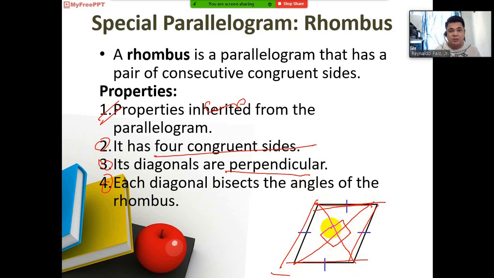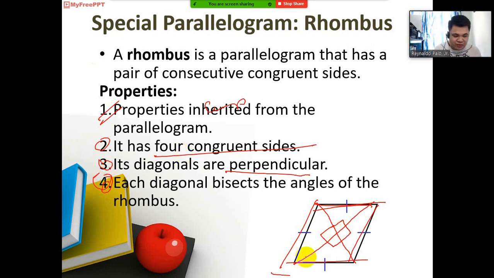Unlike a rectangle and the typical parallelogram, where we can just say the diagonals bisect each other, here we can also say the diagonals are perpendicular, or they form a 90-degree angle. Third, each diagonal bisects the angles of the rhombus.